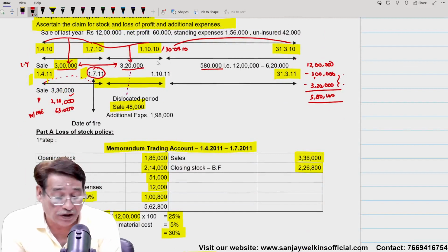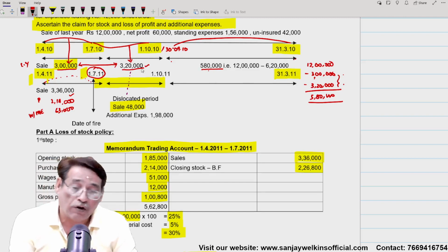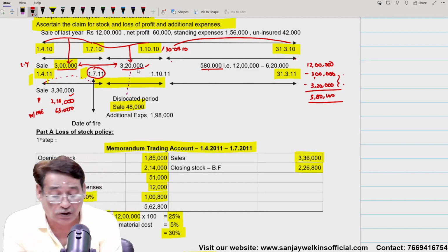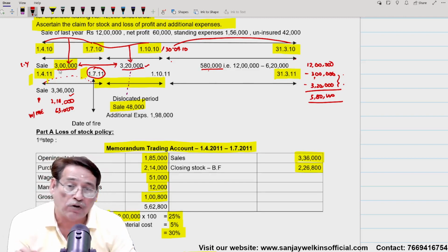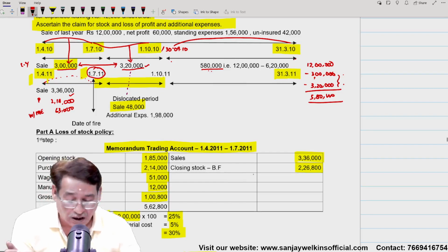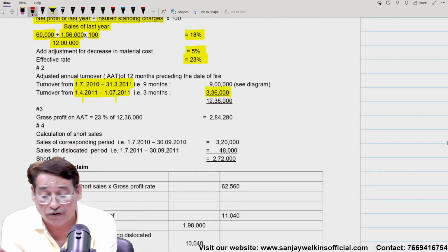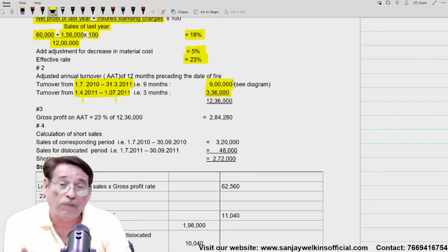If we move in reverse direction, then turnover of these 6 months is equal to 580, turnover of the previous 3 months is equal to 320, and the first 3 months is equal to 3 lakh. But I need the last 9 months turnover, 320 plus 580. So this is the turnover of 9 lakh for 9 months of the last year.